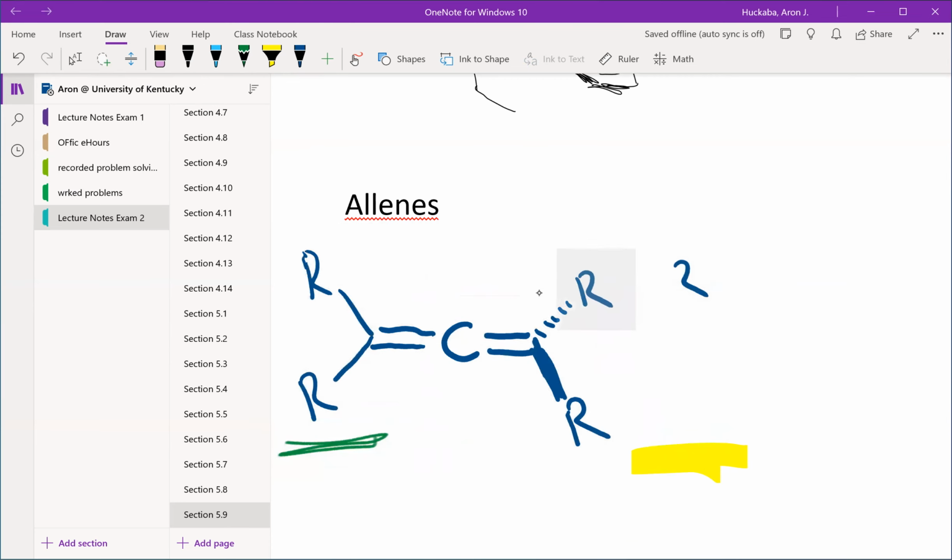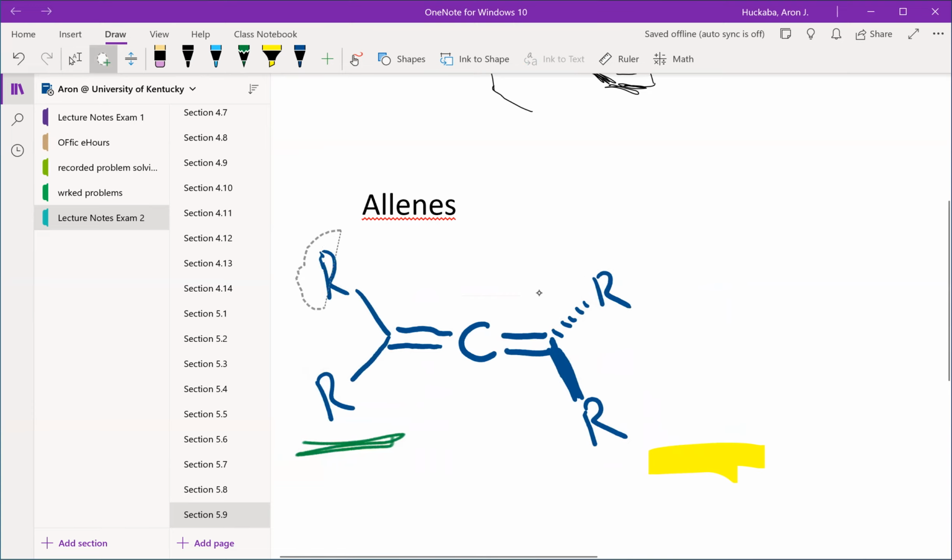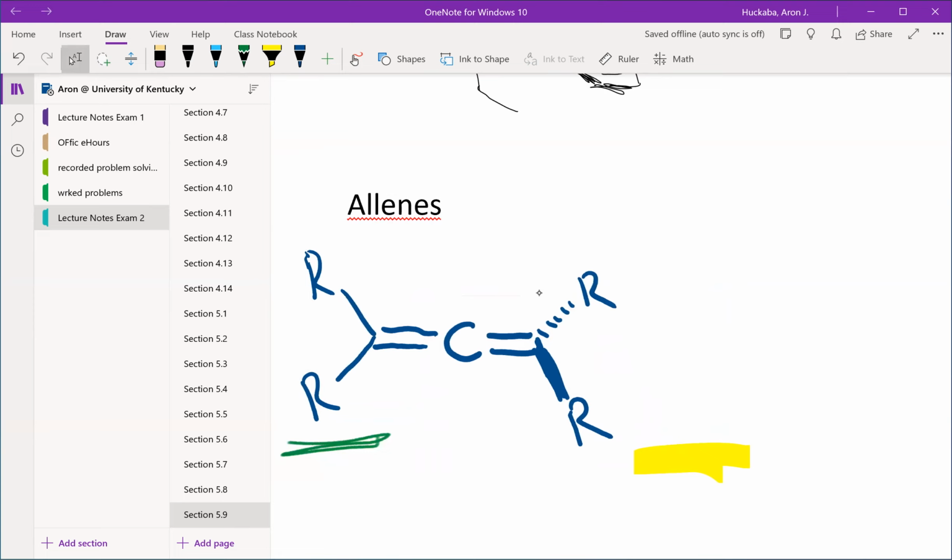If we were to make these R's into something that is not just R, so let's say we delete each R, and we put instead a CH3 here.